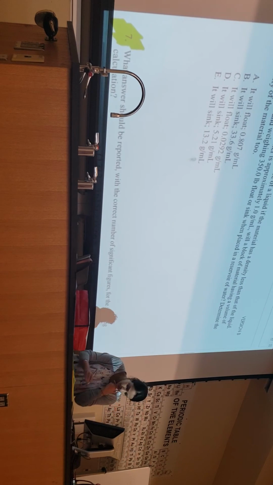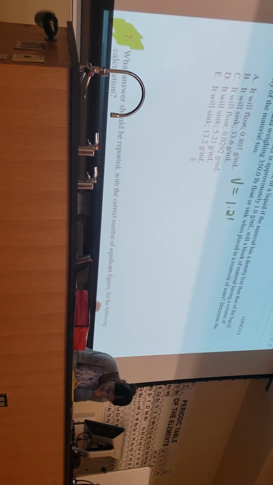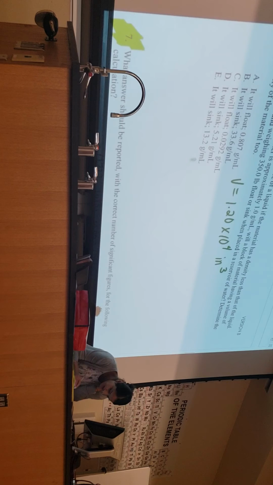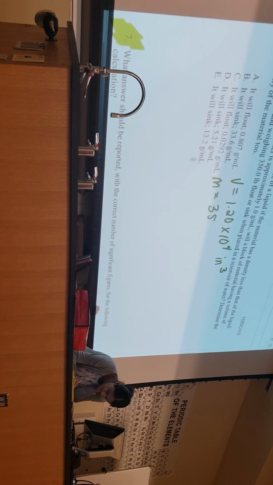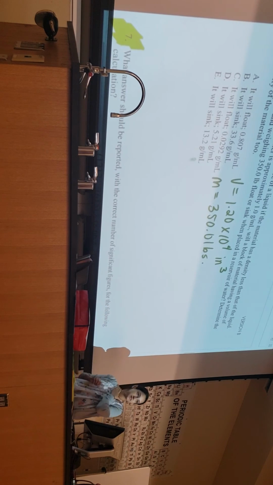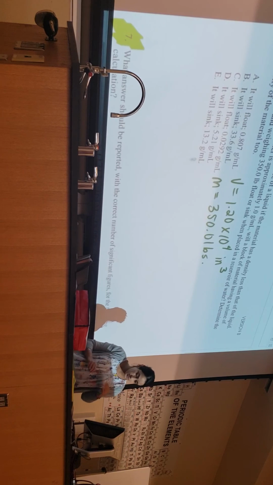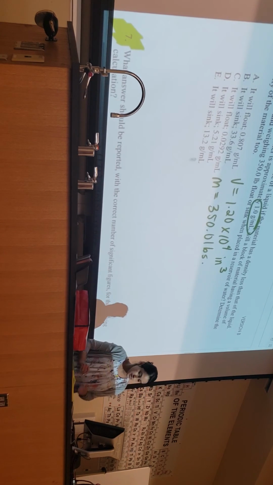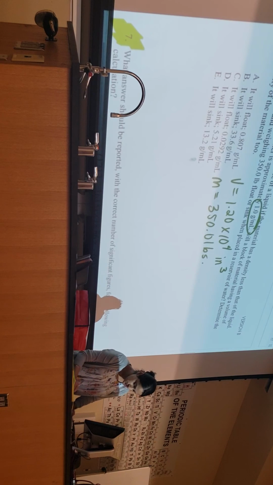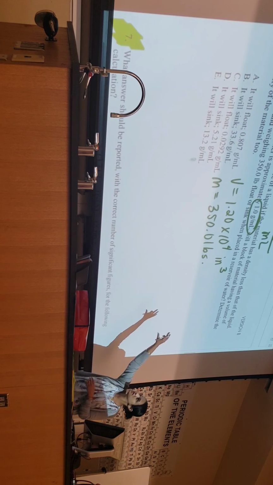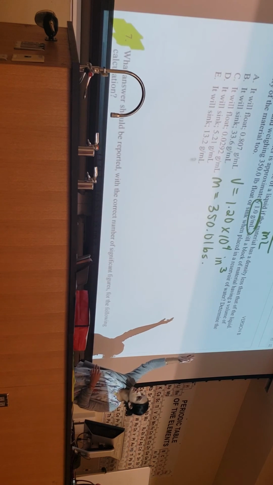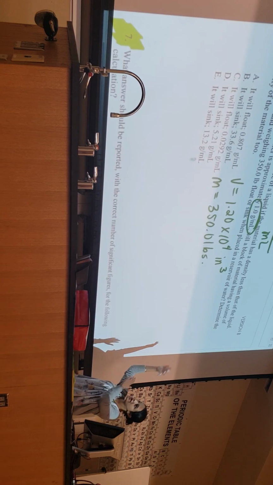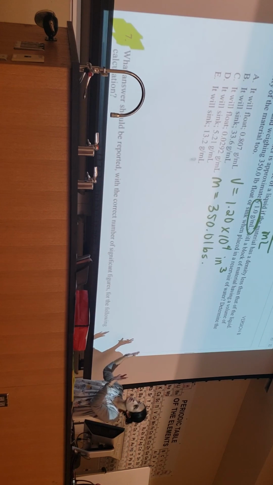I give you the volume, 1.2 times 10 to the 4th cubic inches, and then the mass, 350 pounds. It says determine the density of the material. You want to compare it to the density of water. Notice its units are grams per milliliter. You can change these to grams per milliliter or change the density of water to pounds per cubic inch. It's up to you.